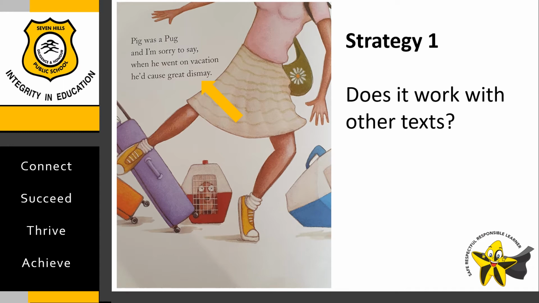Pig was a pug, and I'm sorry to say, when he went on vacation, he'd cause great concern. Does it support the images? Have a look at the images. Look at Trevor's face. Does Trevor look concerned? Yeah, I think he does. So you can see how the image there is helping us as the reader to support our understanding of what's written in the book.